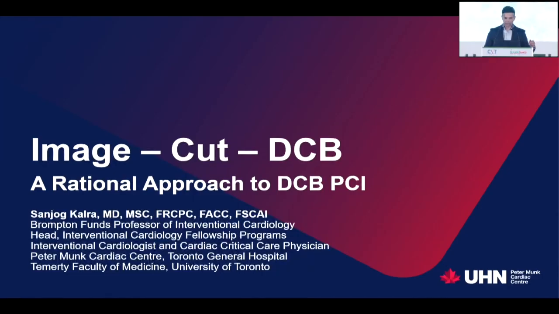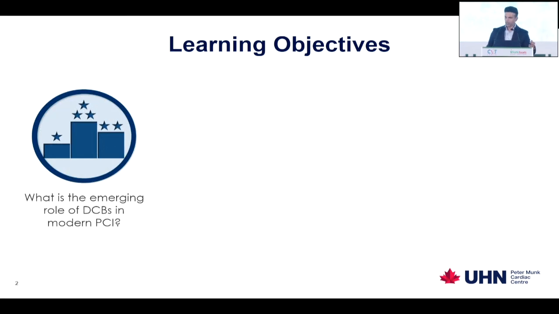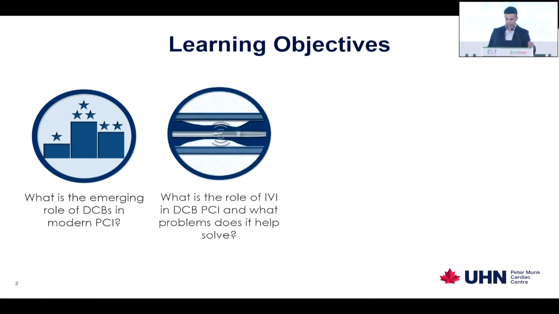What do we mean by image-guided DCB? Well, these are the learning objectives that I thought we would discuss. One, there is an emerging role, but exactly where does the evidence seem to point us? Two, what's the role of intravascular imaging in DCB PCI? We have a pretty good set of criteria that we follow when we use either IVUS or OCT to define our stent strategies, but how do we do that when we're not deploying a stent in a vessel in its largest possible conformation?